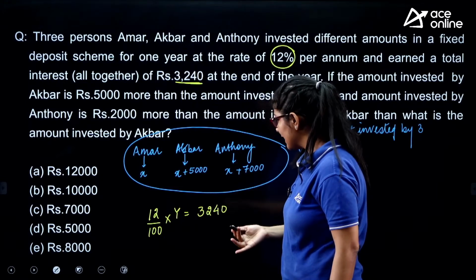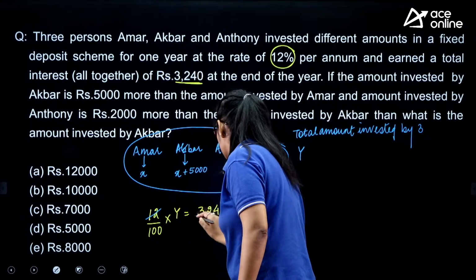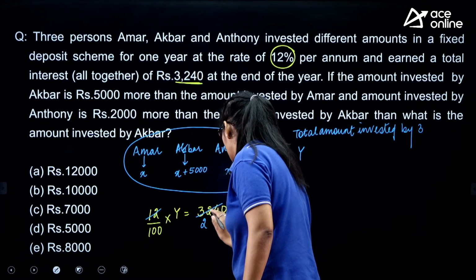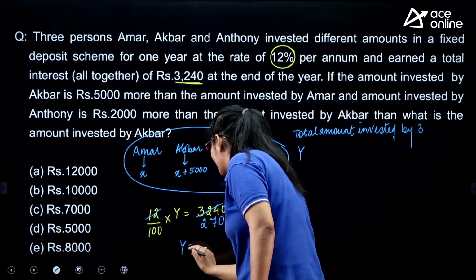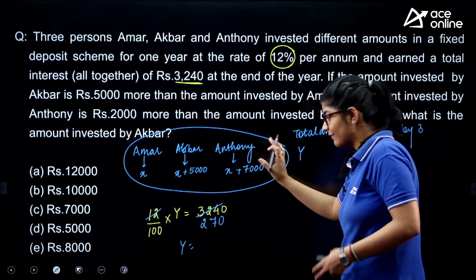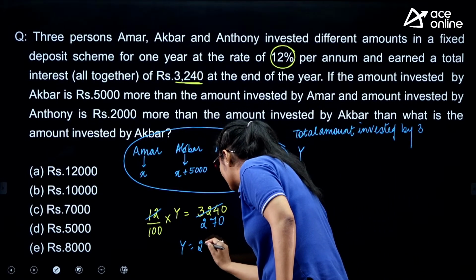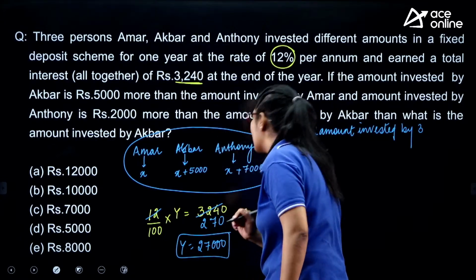If we start cancelling out, we can easily get it. So the value of Y, the total amount that all three invested, is 27,000.